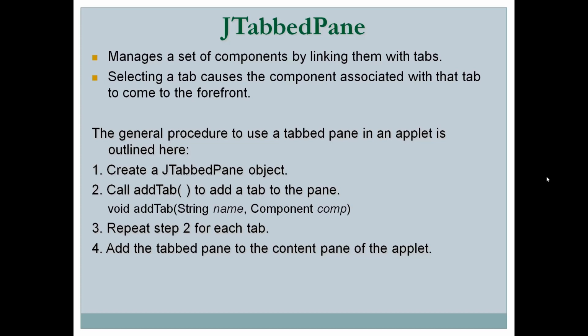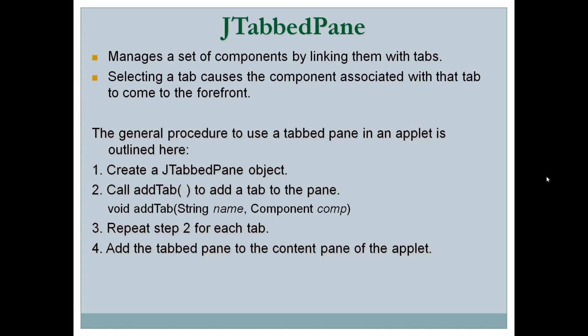The GUI which we have created has a single group of components which we can see on the screen, but we can create separate GUIs which contain different groups of components, and we can switch between them by simply clicking on the tabs. So the tabbed pane has tabs at the top, and by clicking on those tabs we can switch from one group of components to the other.